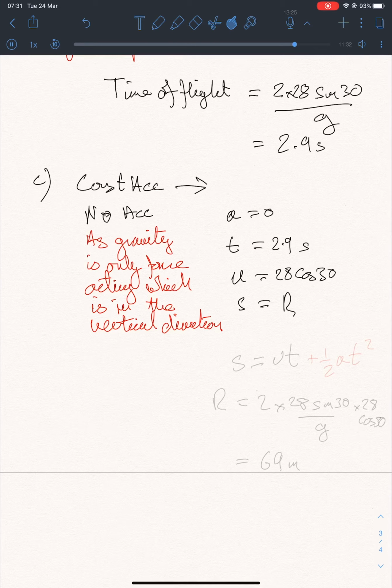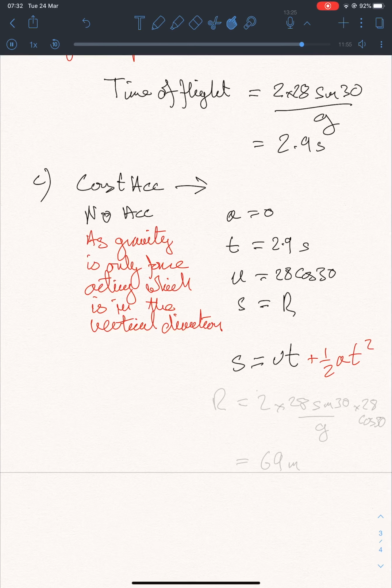So the equation here then is S. Back to our state, sub, solve: S equals UT, and we don't really need the plus half AT squared because we know already that the acceleration is 0. So distance is equal to speed times the time.